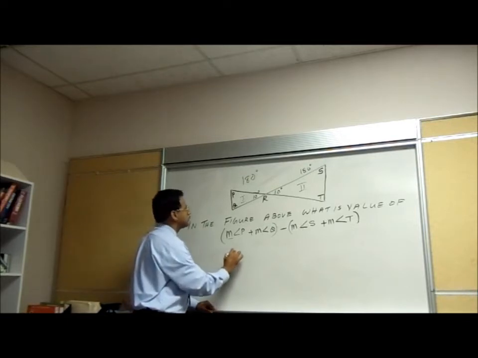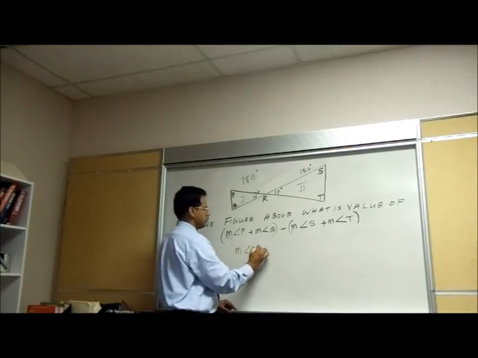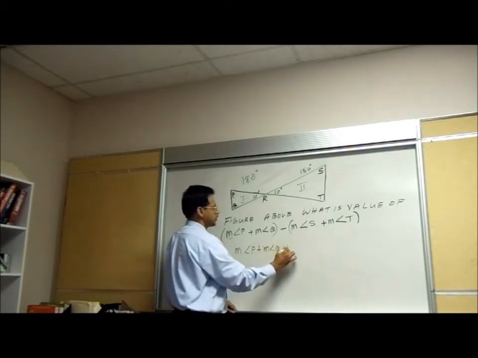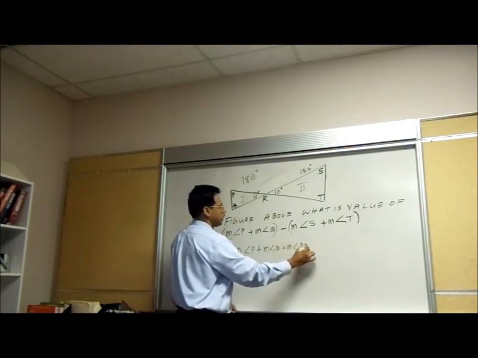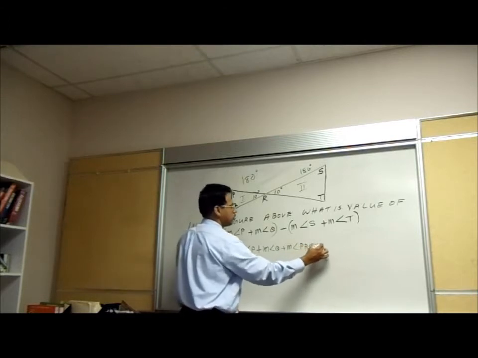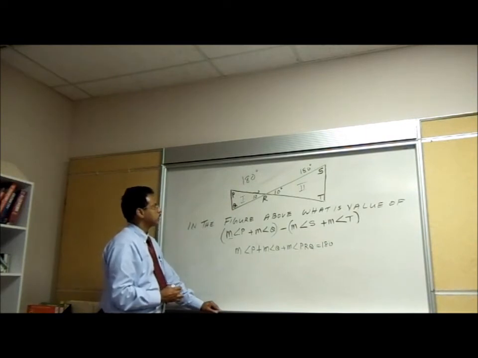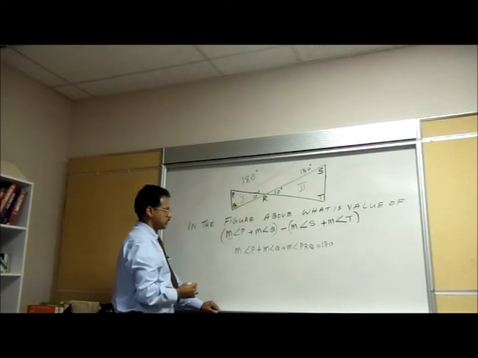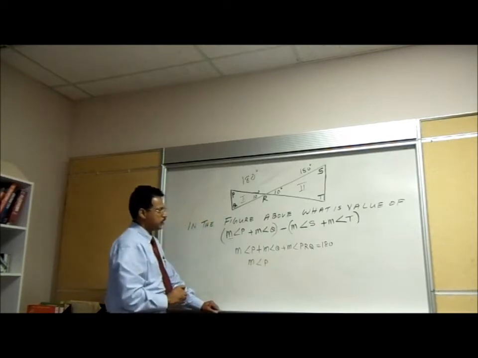So the first step, take the first triangle: measure of angle P plus measure of angle Q plus measure of angle PRQ equals 180. Since we already have measure of angle PRQ as 10, let's substitute for measure of angle PRQ.